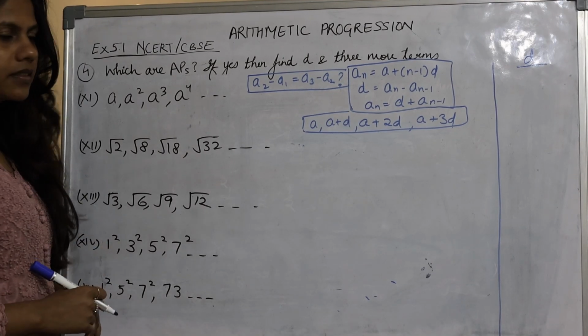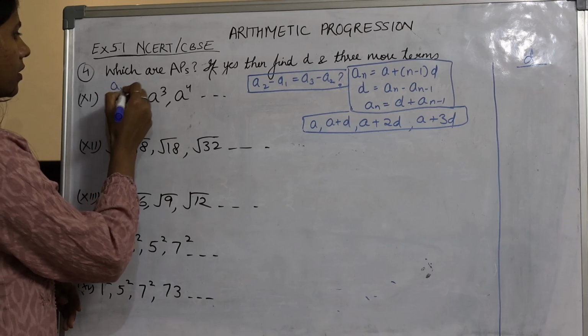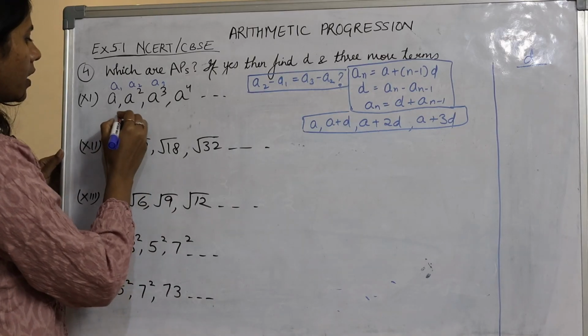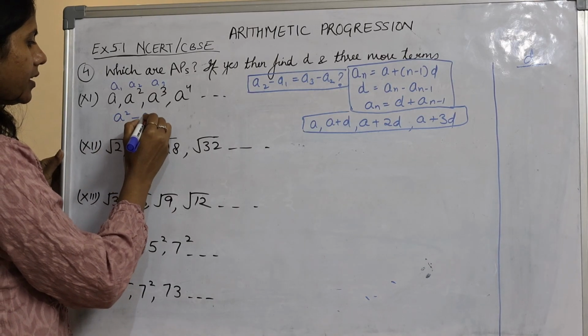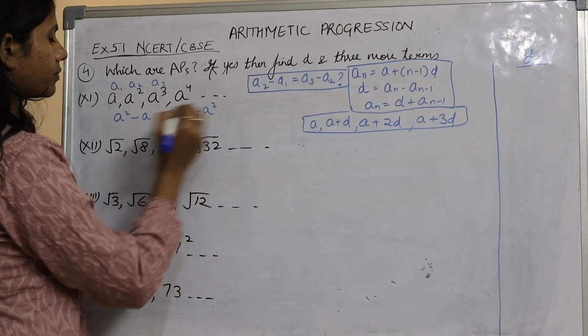Let's start with the next set. So this one, this is A1, this is A2, this is A3. So A square minus A is equal to A cube minus A square.